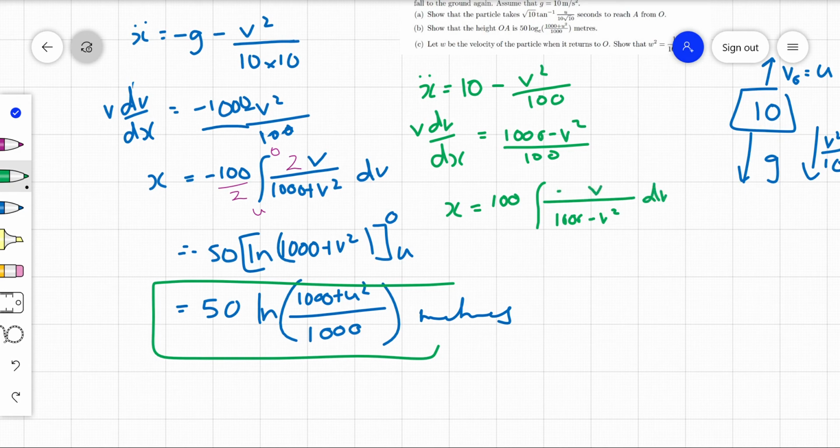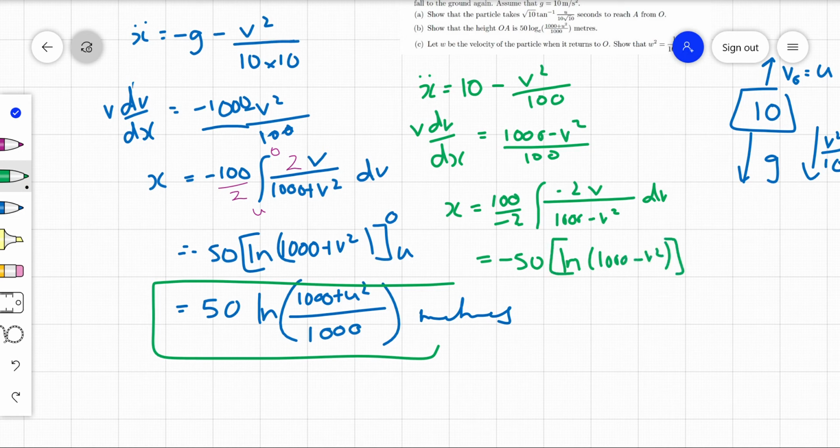I need a minus 2, so there's a minus 2 again. So very similar to what we have just done, if not the same. All right, so we're going to have a minus this time, where the minus is coming from this inside part. So we've got the minus 50, we've got log, we've got 1,000 minus v squared here going on.